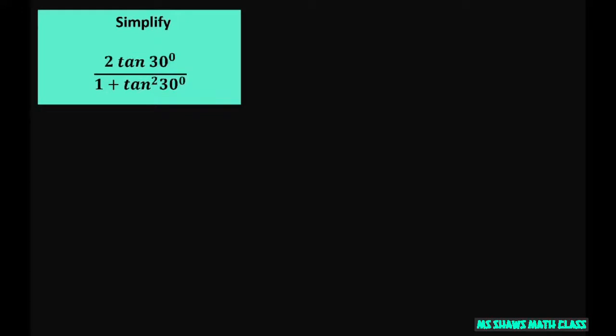So first of all, we need to know what tan of 30 degrees is. I'm going to try to give you some hints on this. If I'm looking at quadrant 1, and here's your 30 degrees, and I draw the triangle, I always know the longer side is square root of 3 divided by 2, and the shorter side is 1/2.